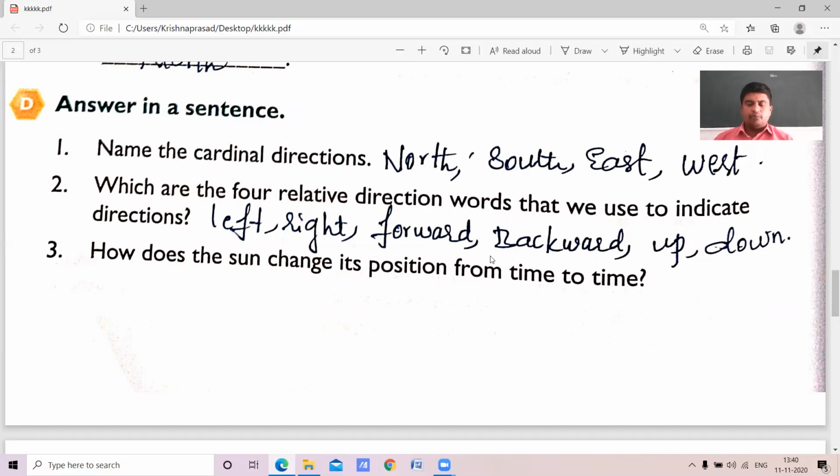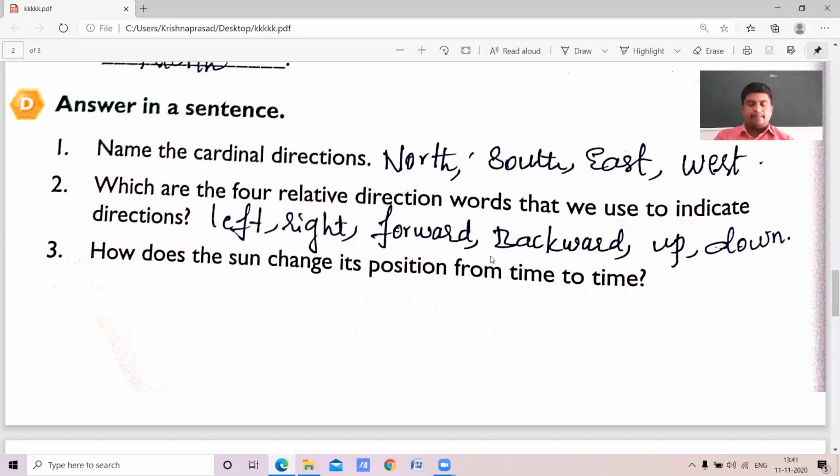Am I right, children? In the morning, M-O-R-N-I-N-G. In the morning, the sun is seen, double E, seen in the east, E-A-S-T, east. Right?